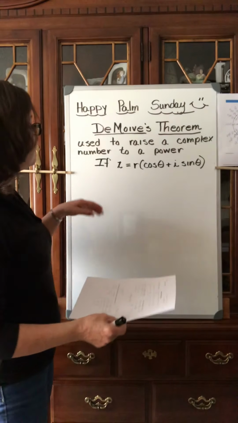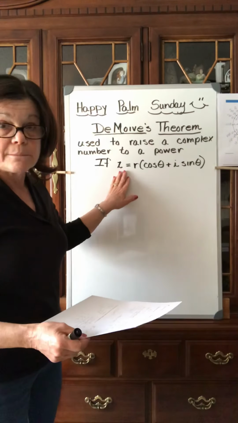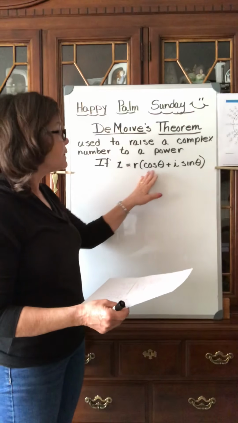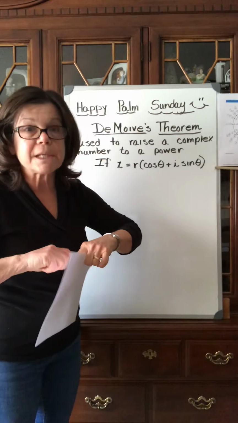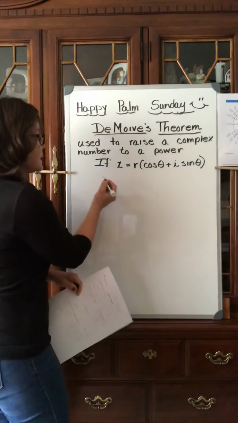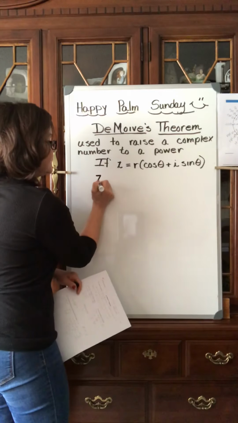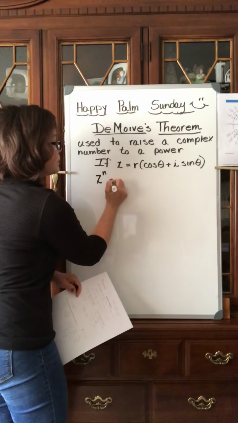So if z, our complex number, is r times the cosine of theta plus i times the sine of theta, if you're going to raise that complex number to a power, say z is going to get raised to the n power.